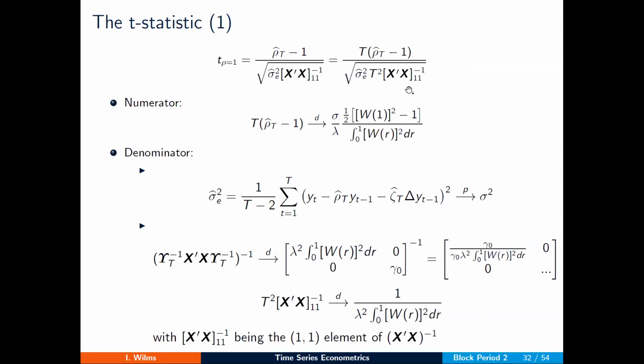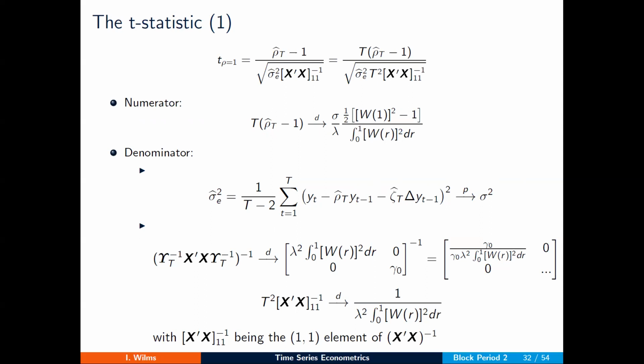Now, in the denominator, we have the first entry of (X'X) inverse that is blown up by actually T squared. If we look back at the scaling we introduced for this cross product matrix, we see that that actually corresponds to exactly scaling 1 over T squared. Now, of course, we need to have the inverse of this matrix.